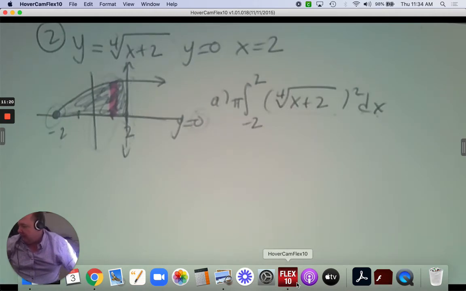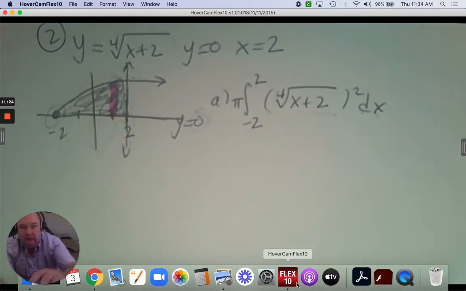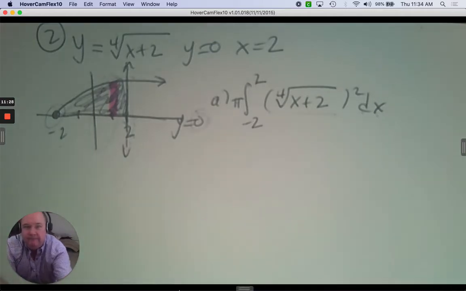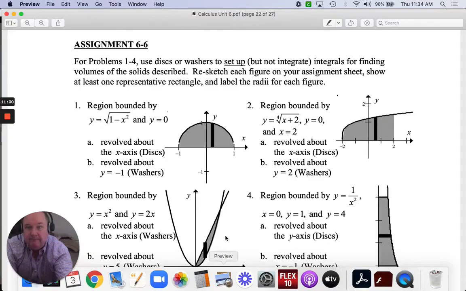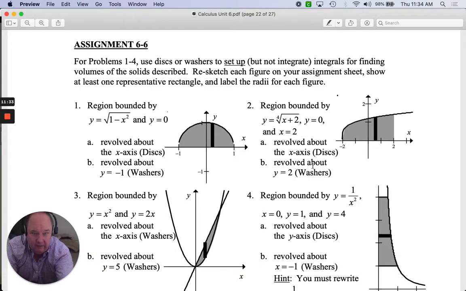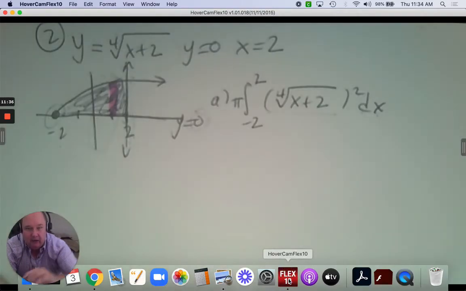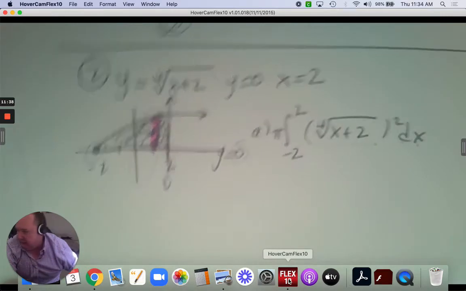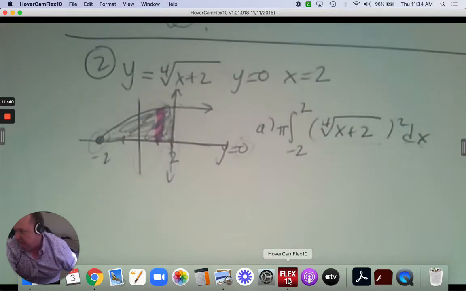The second one is revolving about the line y equals 2. So I'm going to redraw it, but this time with y equals 2 as part of it.